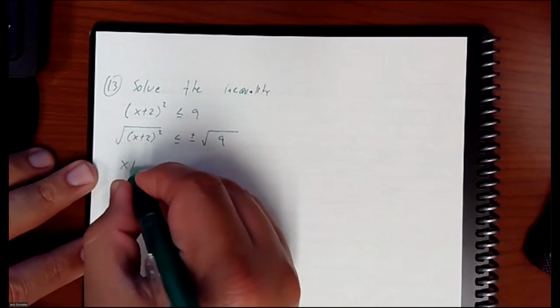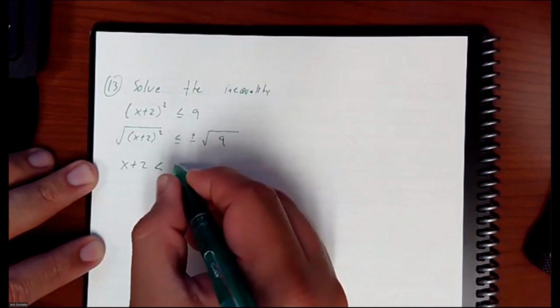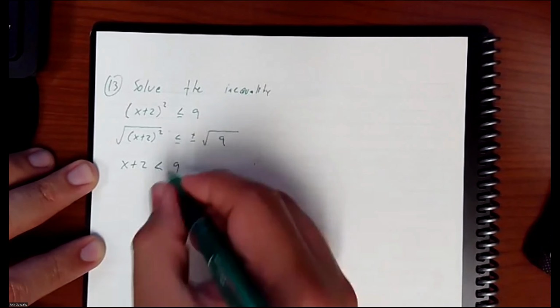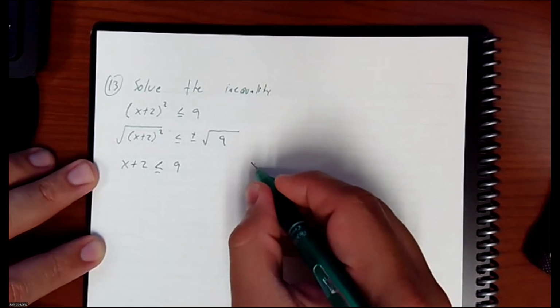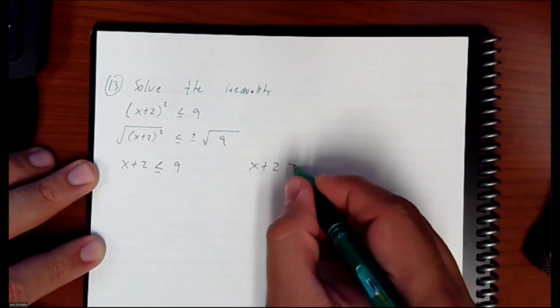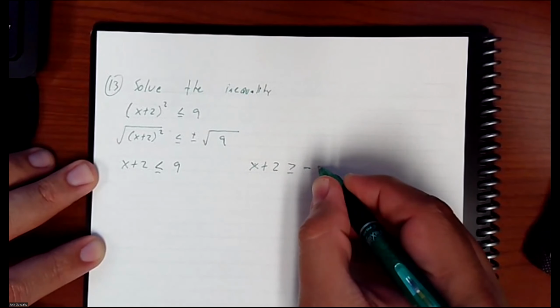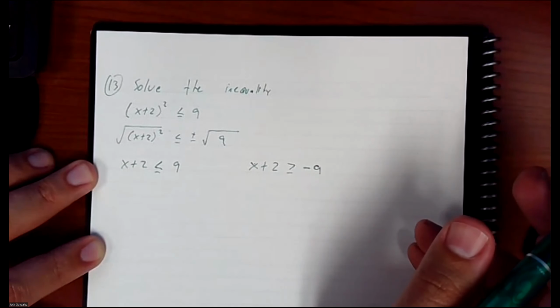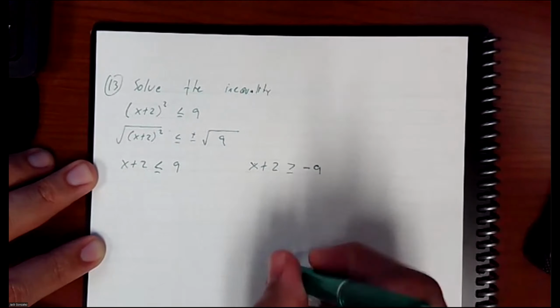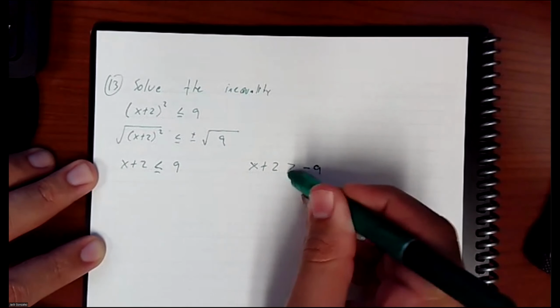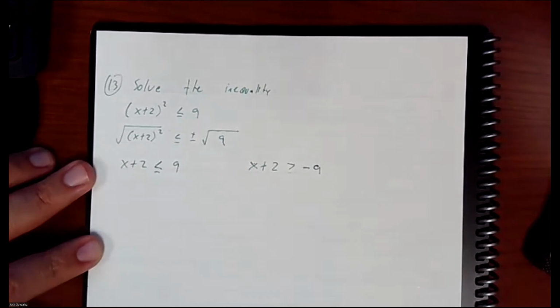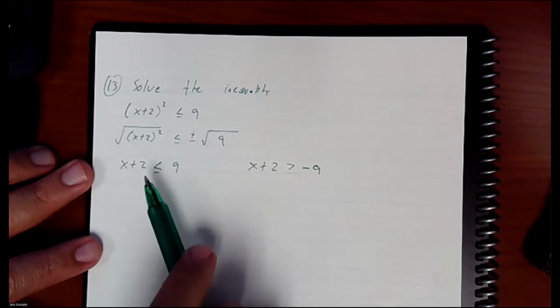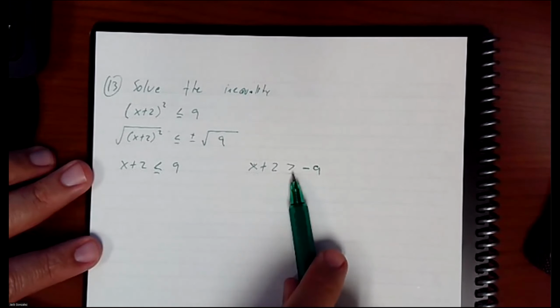So we're going to get x plus 2 less than or equal to 9, or x plus 2 greater than or equal to negative 9. Actually, I think it's just greater. Yeah. So the minus flips it and gives you the opposite inequality.